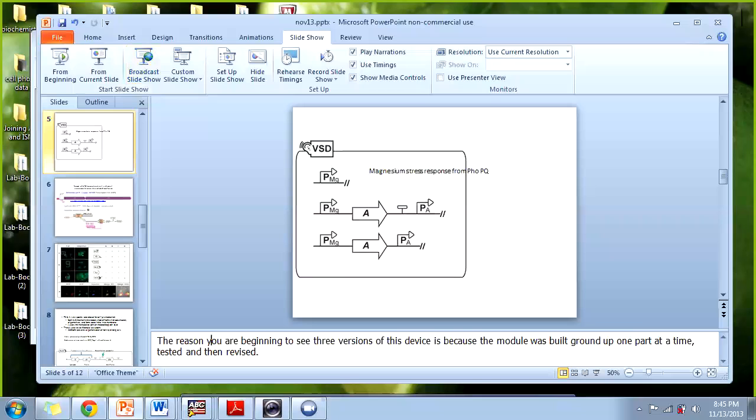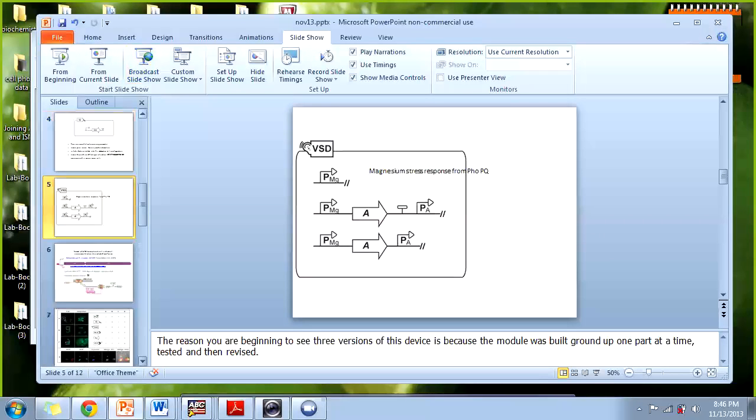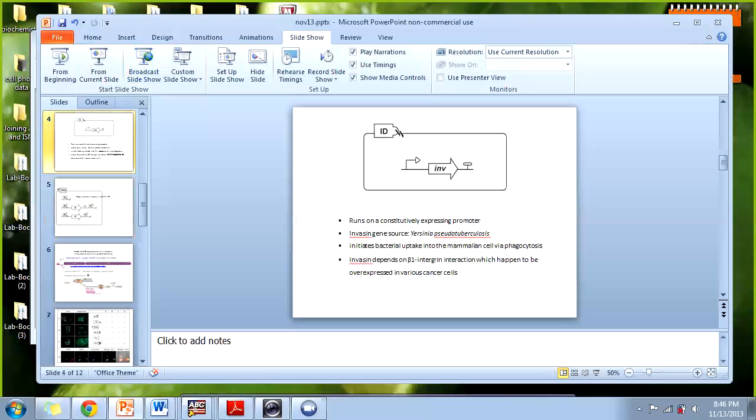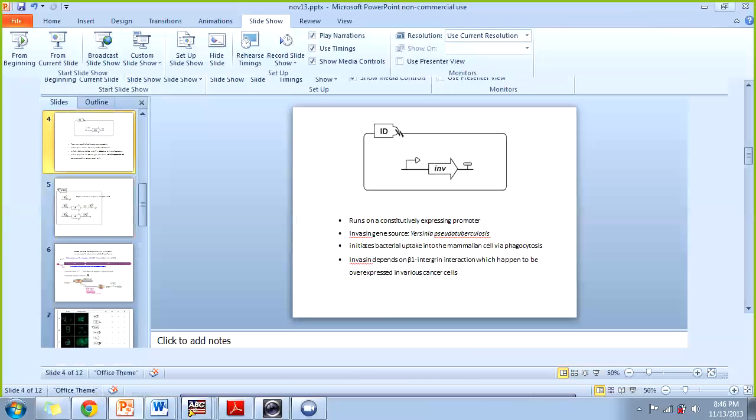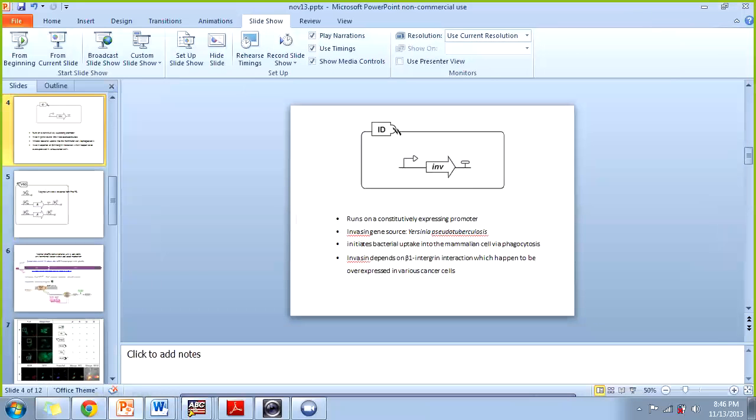I'll jump in for a second. The idea is that the bacterial cell expressing this invasin will be able to bind to the host cell and then get taken up into a vacuole system, right?